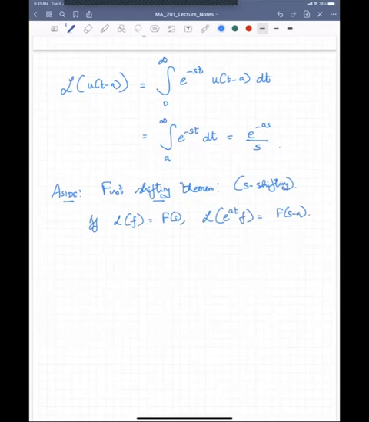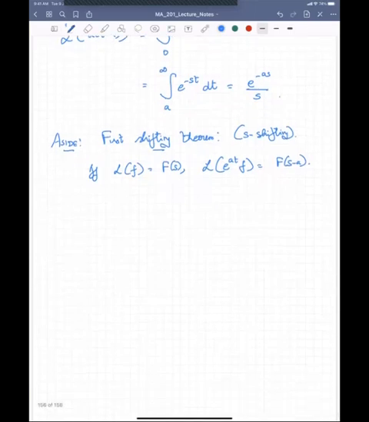So now we will look at a second kind of shifting theorem that will again make life simple for you, even though you have to learn one additional thing to solve problems involving step functions. That will make things very easy. The statement is as follows.